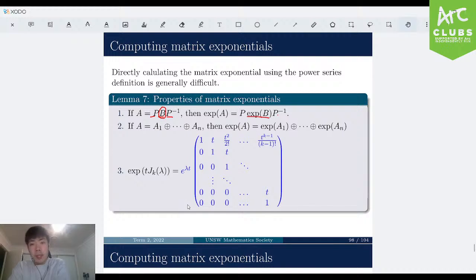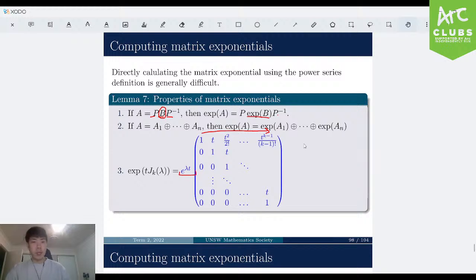And lastly, the exponential of t times a Jordan block of size k with eigenvalue lambda becomes e raised to the eigenvalue times t, and then a big matrix where, if you read it row-wise, it's just a Taylor series expansion. There are a lot of similarities and analogies to what we did previously.